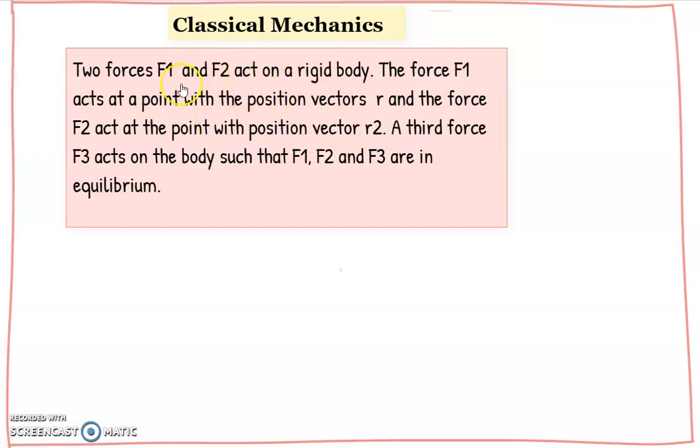Of course, this relates to physics because we are talking about forces on an object. When we talk about a rigid body, basically in physics, a rigid body is a solid body in which deformation is zero.